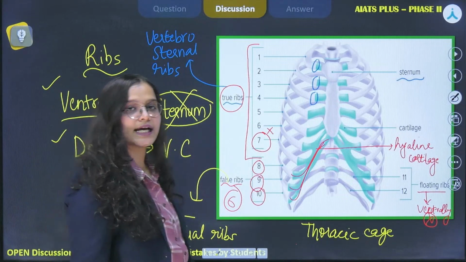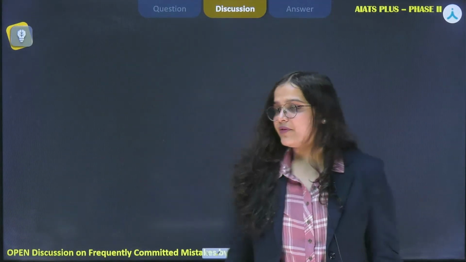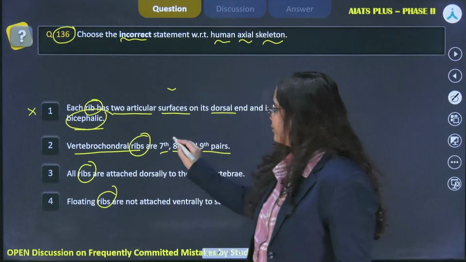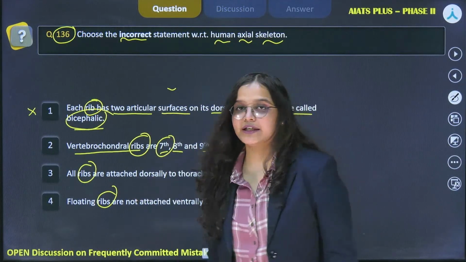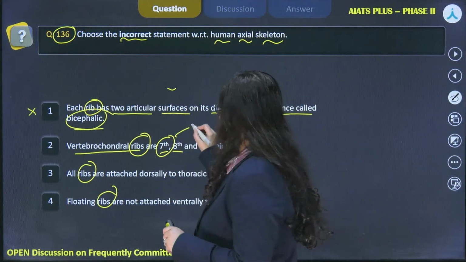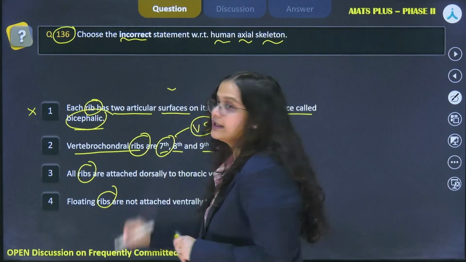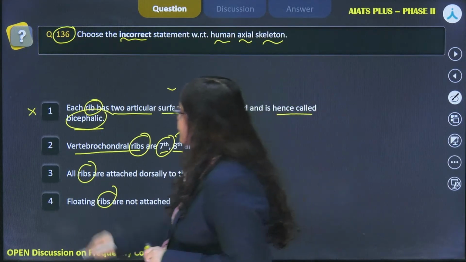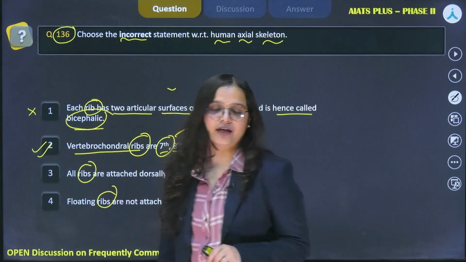And in the question it has been stated that the 7th rib is known as the vertebrochondral rib, which is incorrect, as it is the vertebrosternal rib, as we already discussed, and therefore option 2 is the answer that we are looking for.